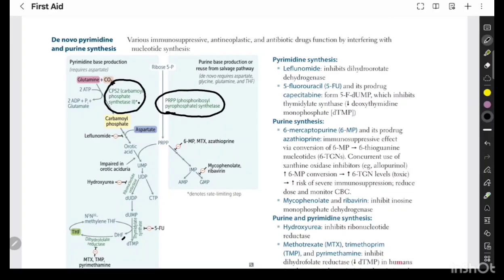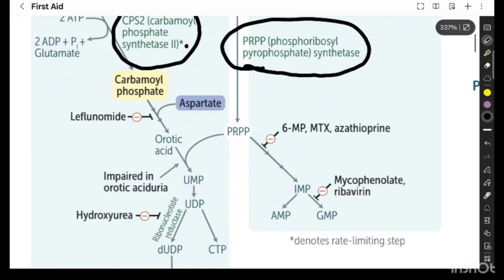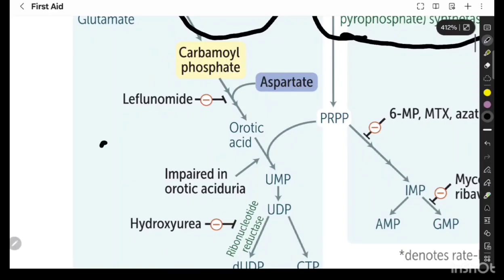So if you're looking at a question and you're getting large levels of carbamyl phosphate, then you need to think that the person might be taking leflunomide. Leflunomide basically blocks dihydroorotate dehydrogenase, which is not even written here. So sometimes they do not write what's even required.